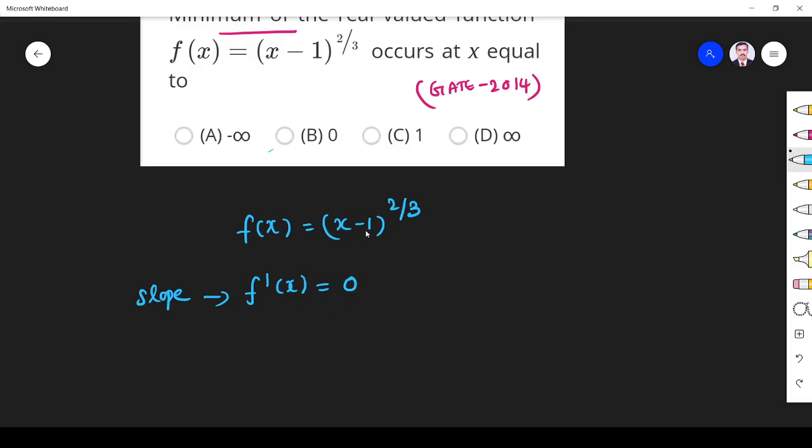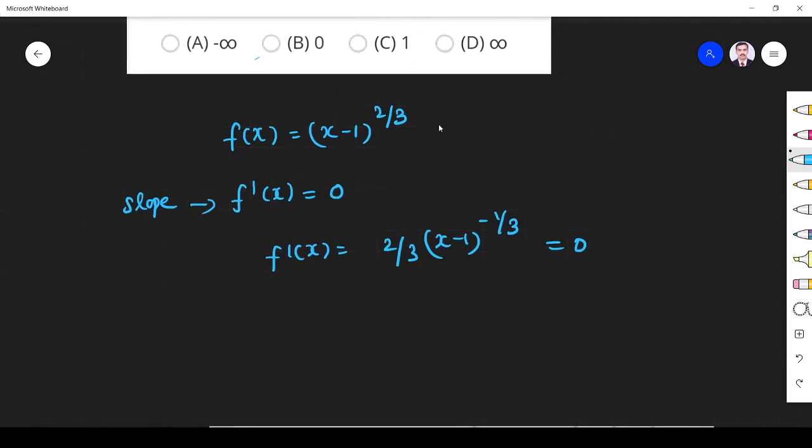So what is f of x? This one, (x minus 1) to the power 2 by 3. So f dash of x is equal to 2 by 3 times (x minus 1) to the power 2 by 3 minus 1, that is minus 1 by 3, and make f dash of x equal to 0. This will give the location of the minimum. They are asking about only minimum, so it should have a minimum only.